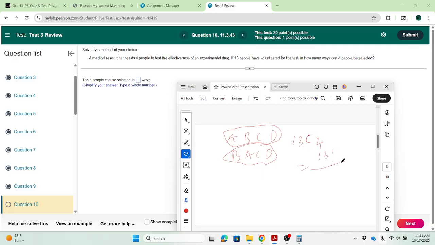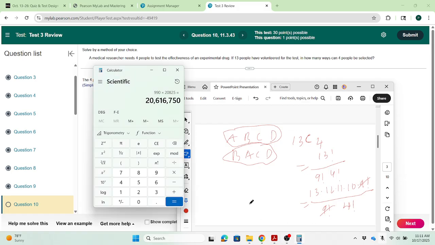It's 13 factorial divided by 13 minus 4, which is 9 factorial, times 4 factorial. So 13 times 12 times 11 times 10 times 9 factorial, divided by 9 factorial and 4 factorial. So just multiply this and divide that by 4 factorial. I'm going to do that. 13 times 12 times 11 times 10 is the number, divided by, I'm going to use the factorial command here.